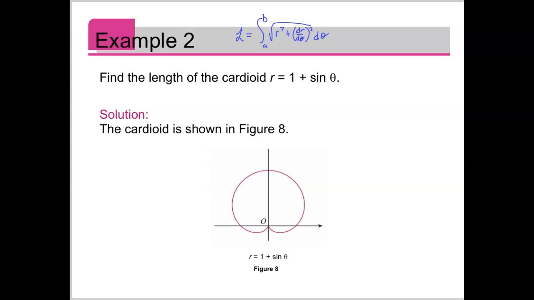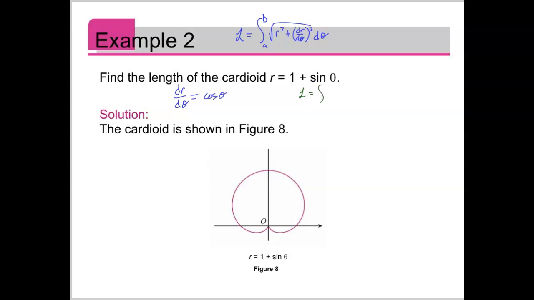The first thing I'll find is just dr d theta. That's just the derivative of our function with respect to theta. So derivative of 1 is 0, derivative of sine is cosine. Great.